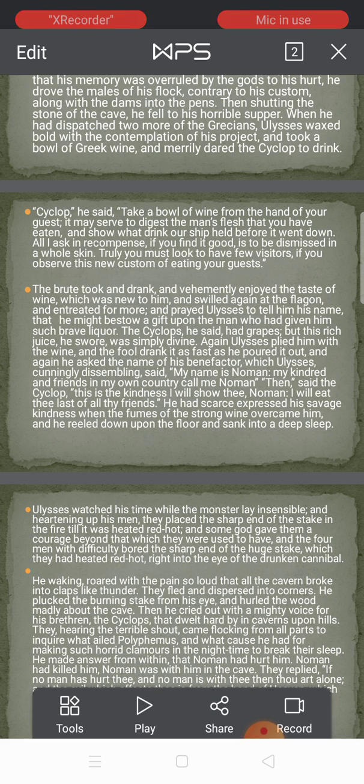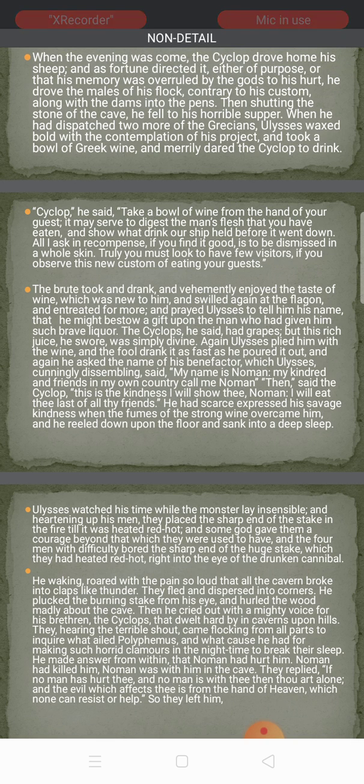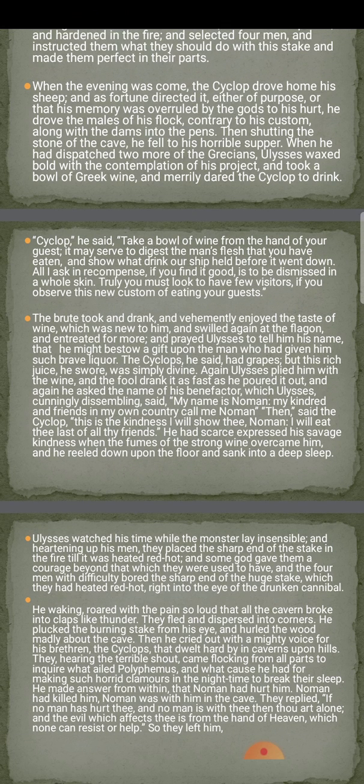No man. See, again I tell you, no man had killed him, no man was with him in the cave. That's why they reply, if no man has hurt thee, thee means him, no man is with thee, then no one is found with him, then thou art alone.